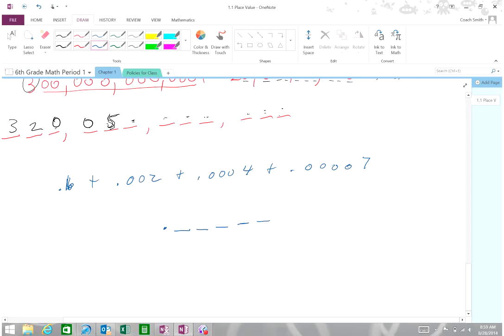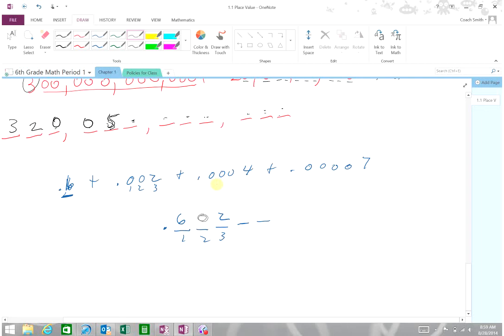Now I start. That's right next to the decimal, so I got to put it right next to the decimal. This is 1, 2, 3 from the decimal, so that goes there. That means I have to put a 0 right there.